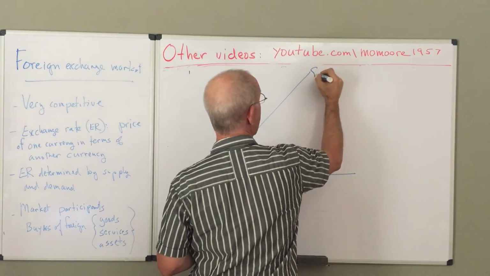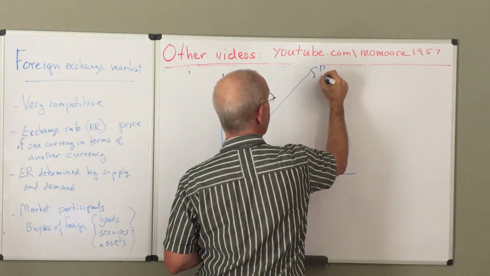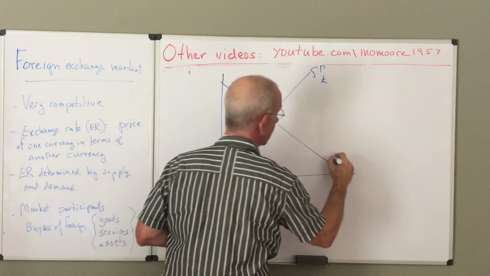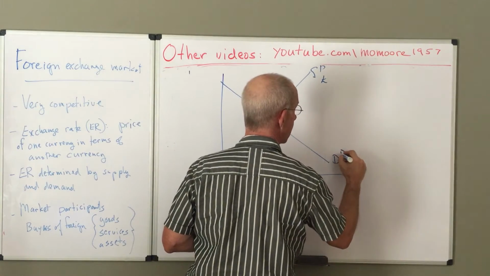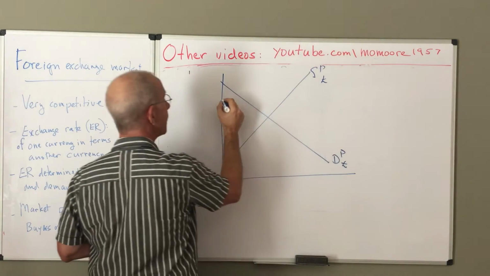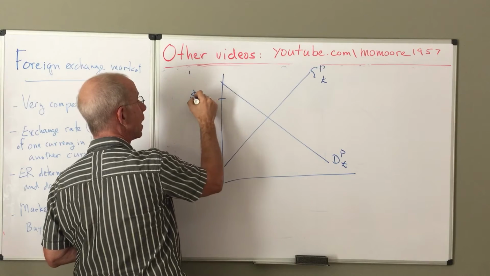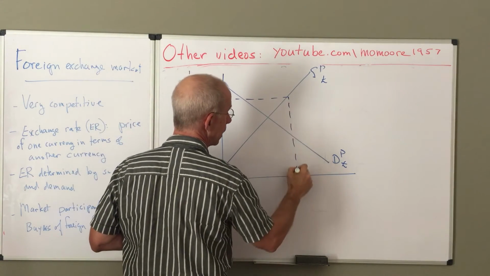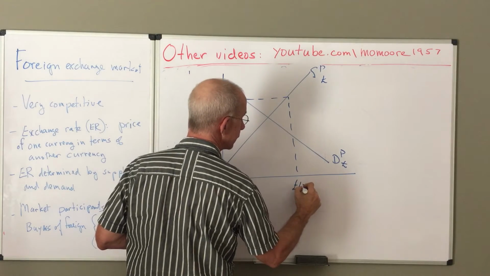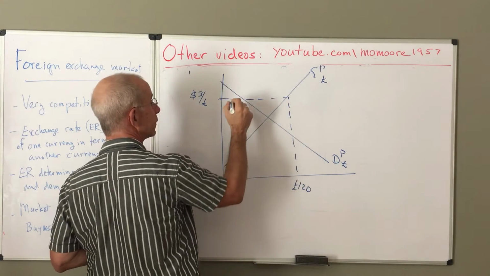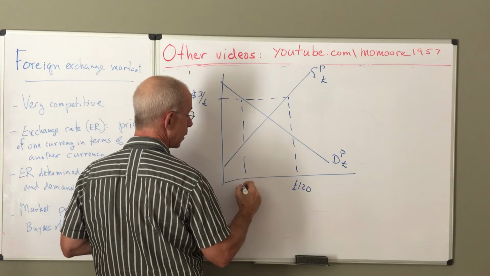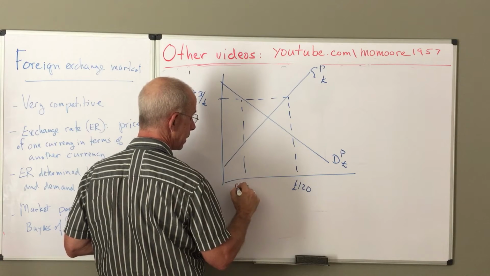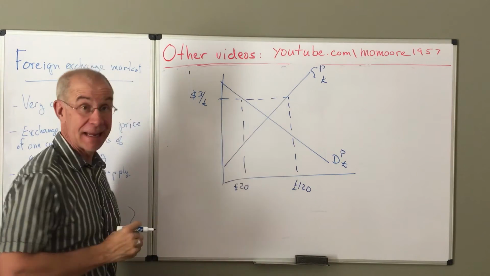Okay, we've got the private supply of pounds. We've got the private demand for pounds. At $3 per pound, we had 120 pounds that were offered, but only 20 pounds demanded.